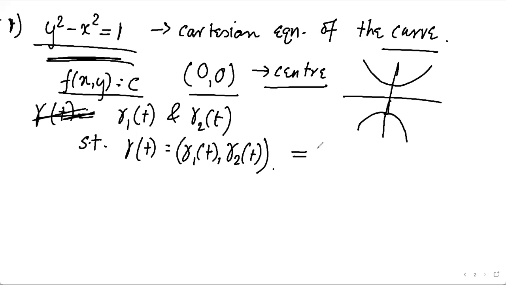As we saw in the last lecture, this is basically the x and y coordinates of a particular point lying on the curve y square minus x square equals 1.